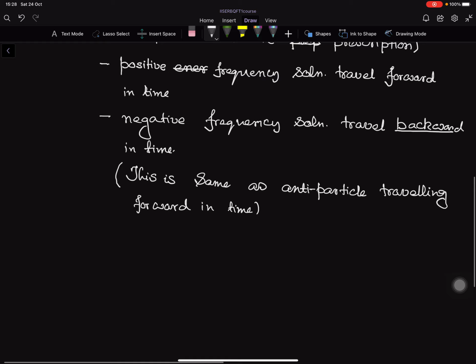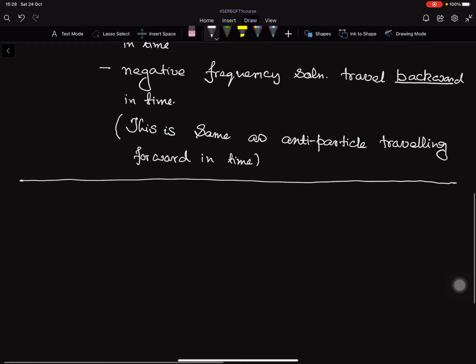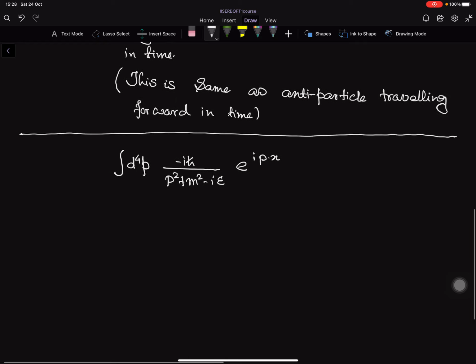So how does this happen? In order to do that, let's try to evaluate the position space expression for the propagator, which is given by one over p square plus m square minus i epsilon.